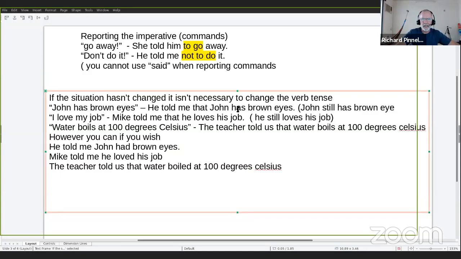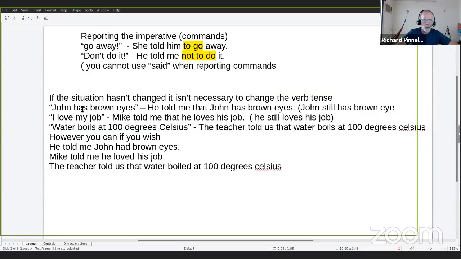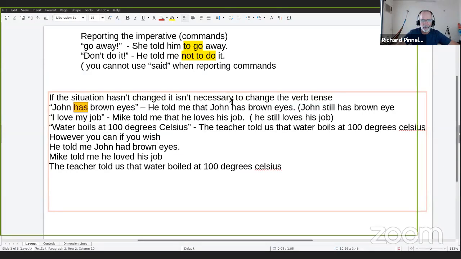He told me that John has brown eyes. Here we're not changing the tense because it's a fact. John's eyes didn't change color from when I last saw him. He had brown eyes yesterday, he's got brown eyes today, and he's going to have brown eyes tomorrow. So no need to change the tense if it's something that's still true.